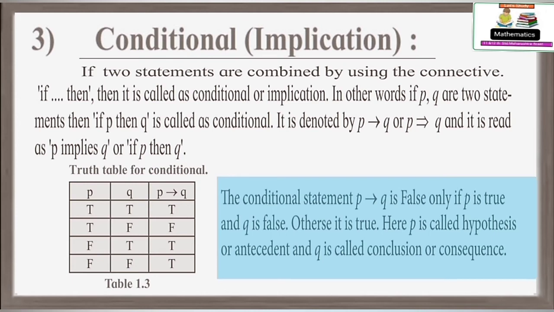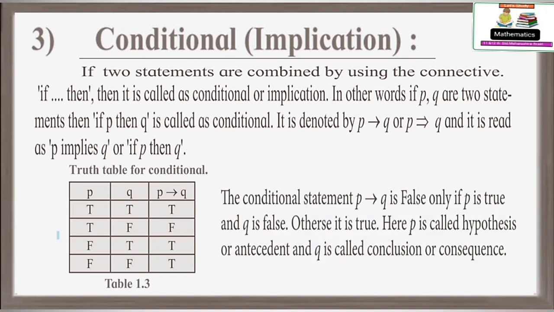Otherwise, it is true. Here P is called the hypothesis or antecedent, and Q is called the conclusion or consequence. Remember, in the second row of the conditional, the first statement is true and the second is false, so P conditional Q is false and the other three are true.